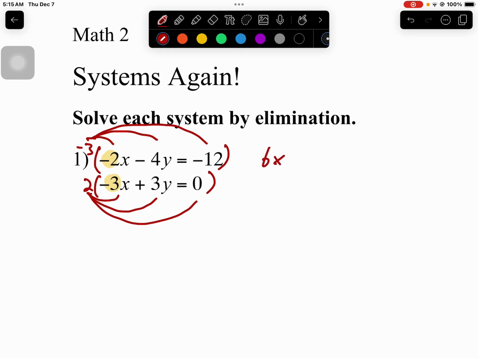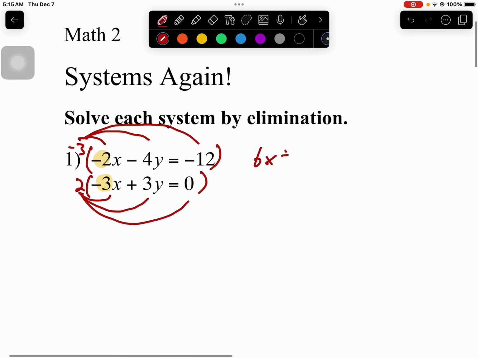So I got 6x minus a negative 3 times negative 4, so it's actually plus 12y equals negative 3 times negative 12, 36. And then down here, I'm multiplying by 2. So I have negative 6x plus 6y equals 0.